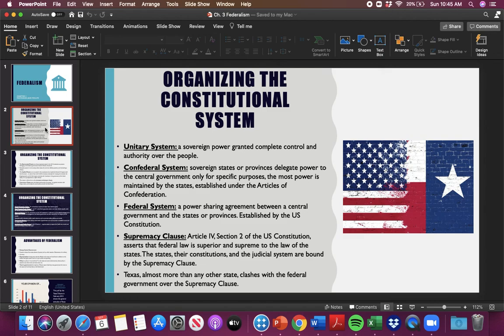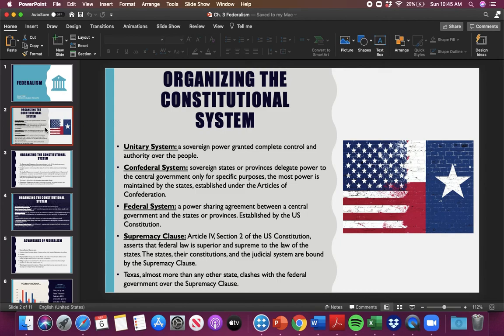Now, a confederal system. This is what the Confederacy was, and this is what the Articles of Confederation established in the United States prior to the Constitution. In a confederal system, each state is sovereign and it delegates power to the central government for specific purposes, but most power is maintained by the states.